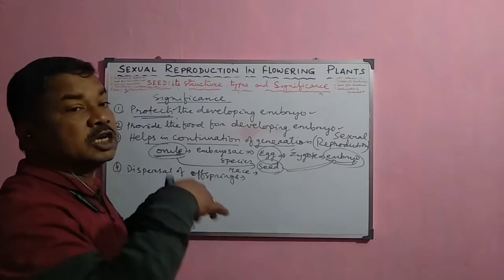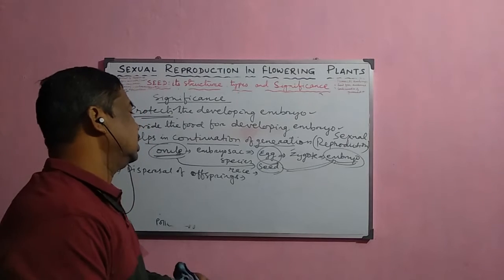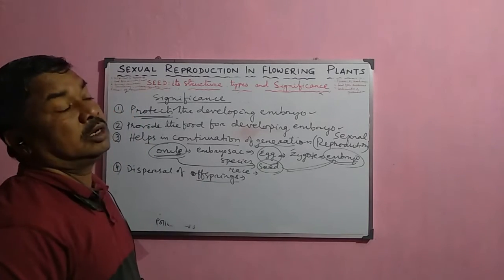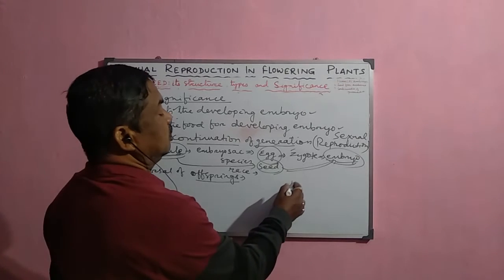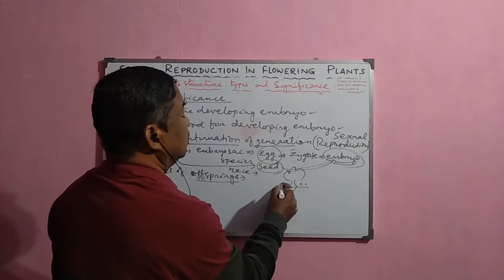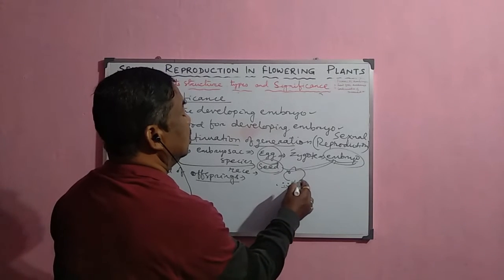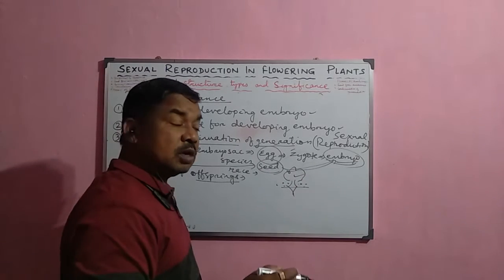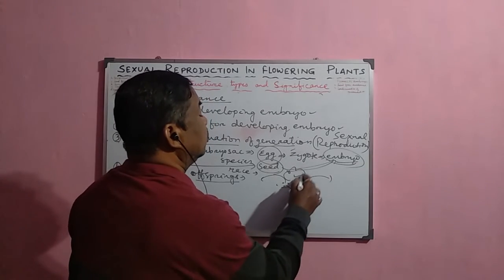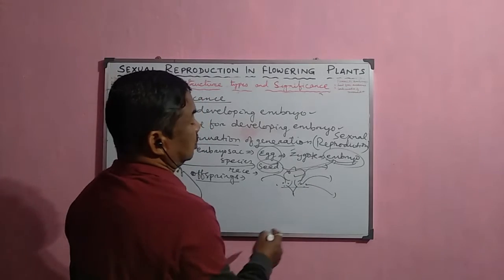So when the seeds are dispersed, indirectly we can say that the offsprings are dispersed. Suppose it is a tree, and just under the tree all the fruits and seeds fall; there will be competition among themselves. That is why dispersal is very essential for the continuation of the generation.